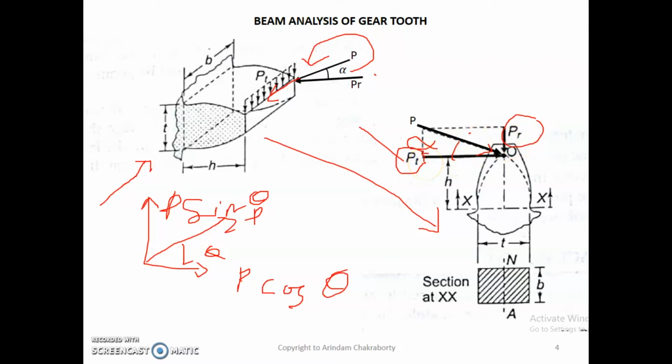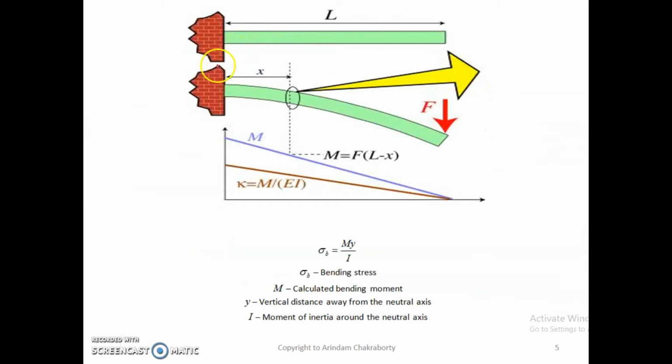So we know what happens if a force works over here. Since it's a cantilever beam, we could observe that this is nothing but a cantilever beam which is experiencing a force, and hence that's a bending. Now that's a very problematic thing for a gear tooth or anything which acts as a cantilever beam.